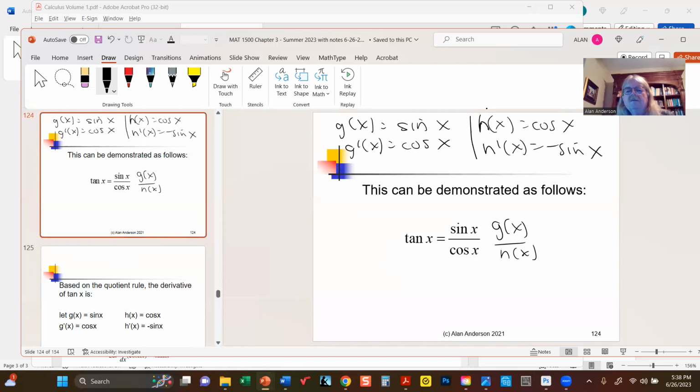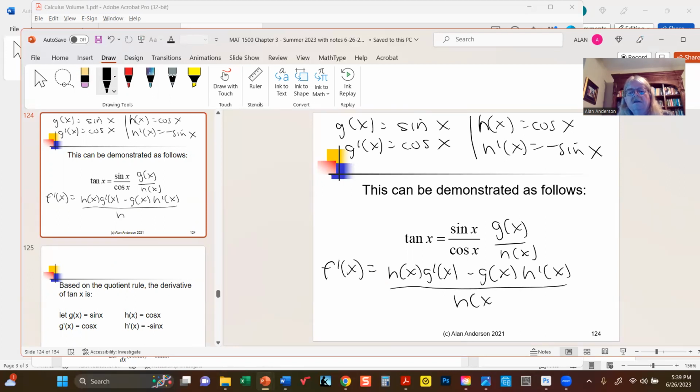And so plugging into the quotient rule, okay. Well, we're not going to have room here, so we'll do it on the next slide.